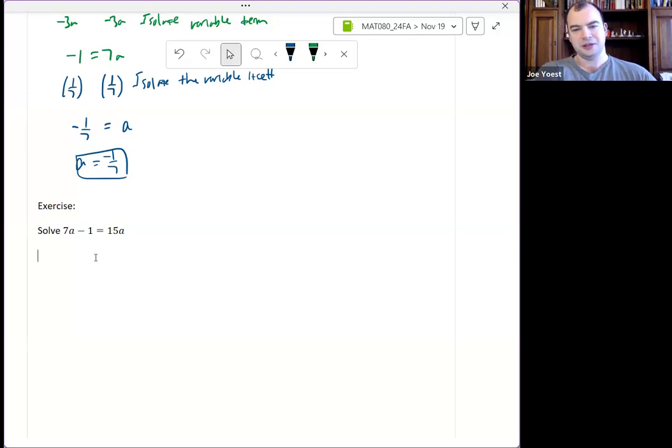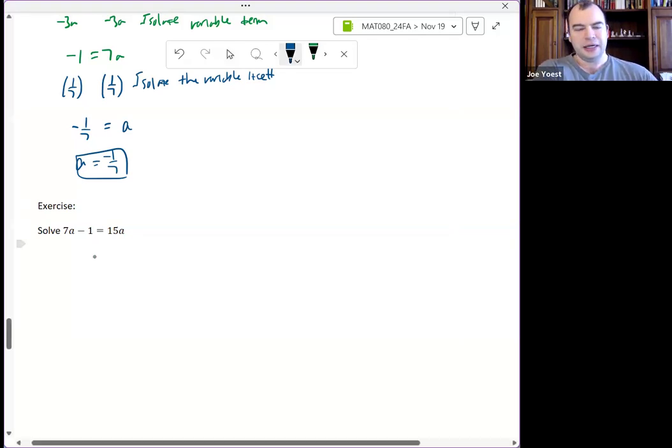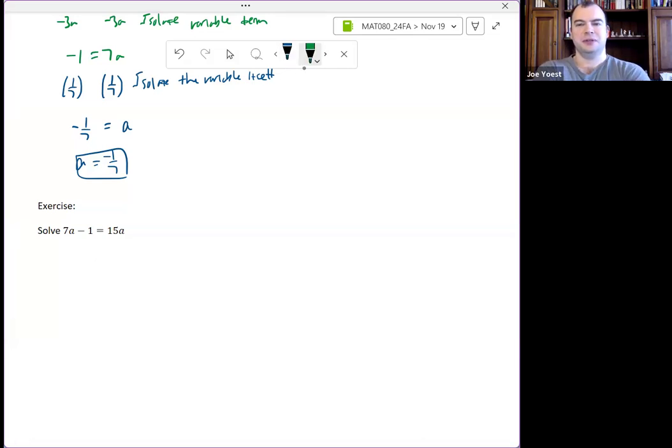Okay, it's about 30 seconds. So again, we see that our variable a is split between both sides. So isolating the variable term will mean moving one of our variable terms to the other side so they can combine together.